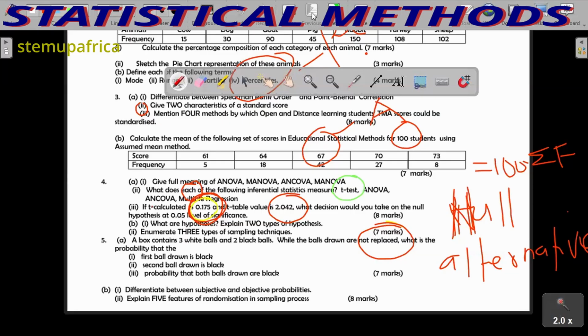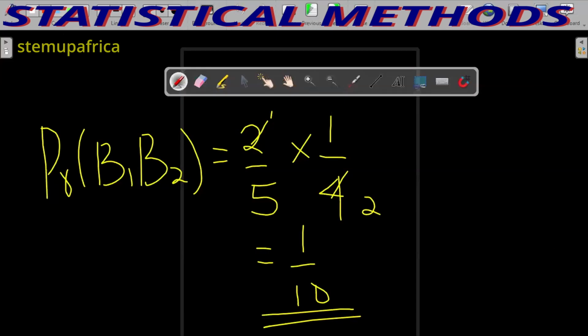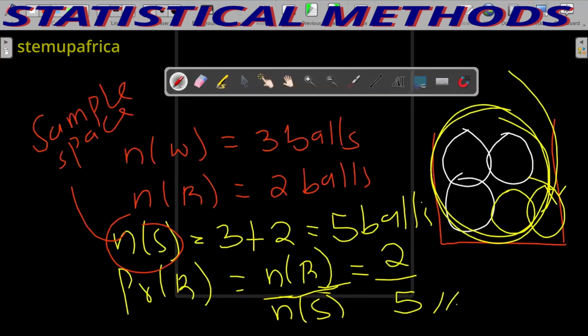How many black do we have? 2 blacks. So you have 2 black balls divided by the total number, which is 5. That's why we got 2 over 5. Okay.